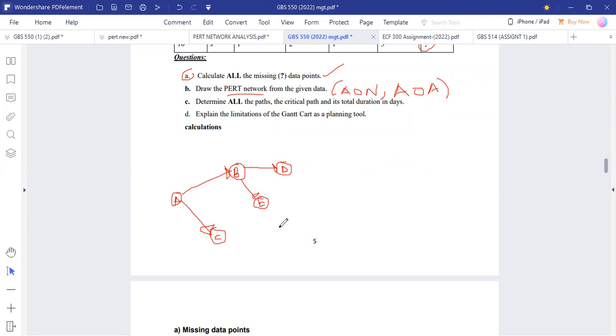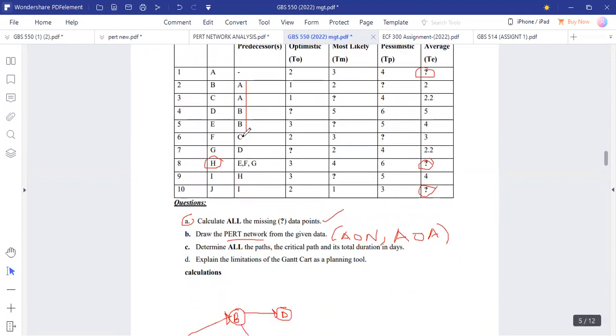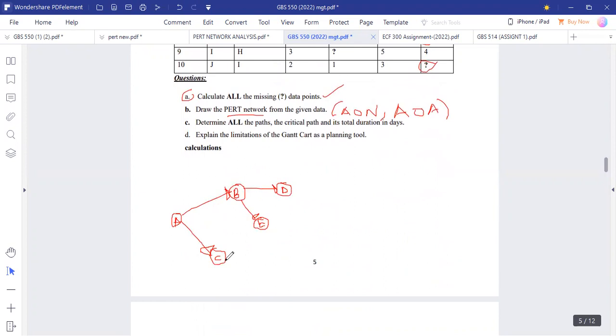Then what next? Okay, here we are done with these up to there. Then after C there is F. So after C there is an F that is coming here. Okay, so we have F there.